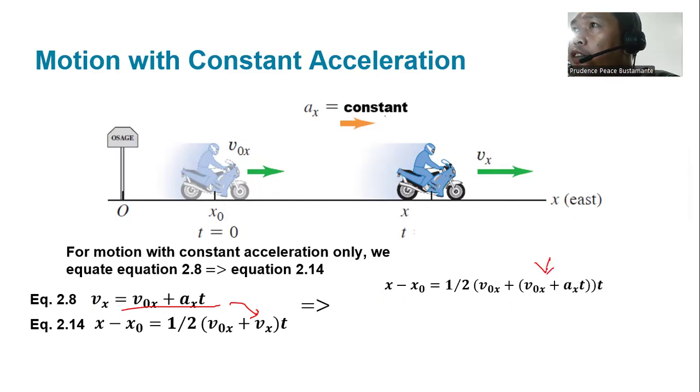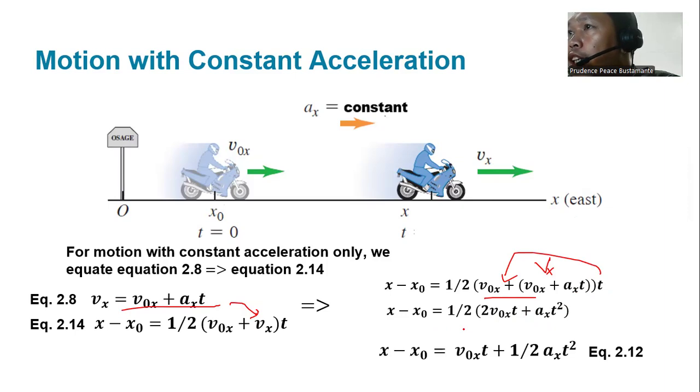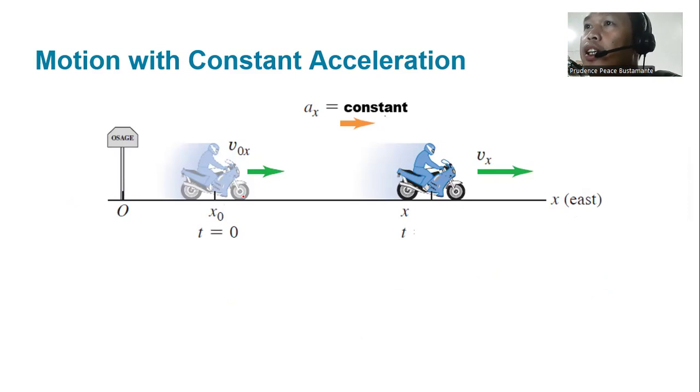So we have our v sub x here from equation 2.8, and this becomes 1/2 (2 v sub o x times t plus a sub x t multiplied by t), so it becomes t squared. If you distribute, the first term times 1/2 is just v sub o x t, plus the second term, 1/2 a sub x t squared. This is the third equation, which is true in motion with constant acceleration.